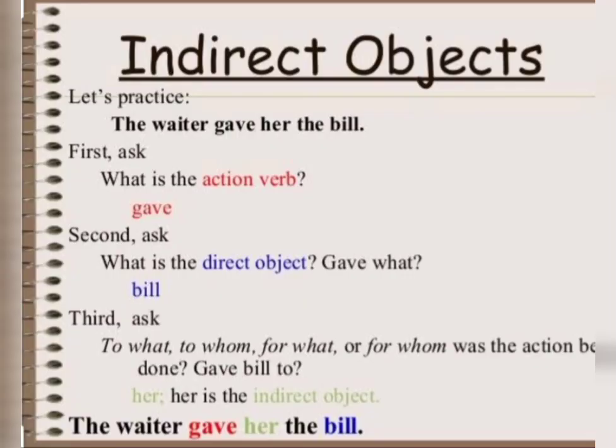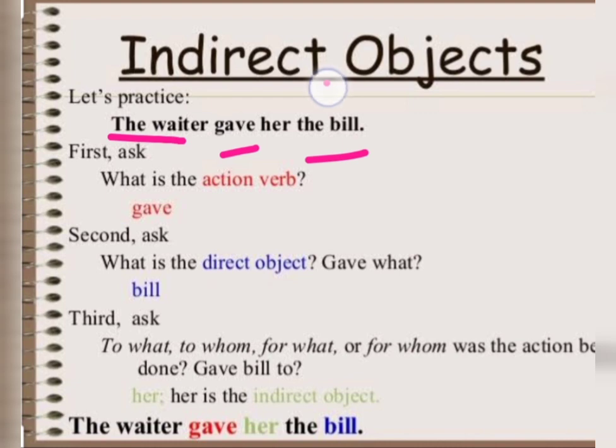Now let's learn about indirect object. Just now we learned direct object. In direct object we learned when we ask the question to the verb with what, we get the direct object. Same here, when we ask the question with whom, what do we get? Indirect object. Both are very easy. For example, the waiter gave her the bill. In this sentence, the waiter is the subject, gave is the verb. So when I ask the question what did he give? Yes, the bill.